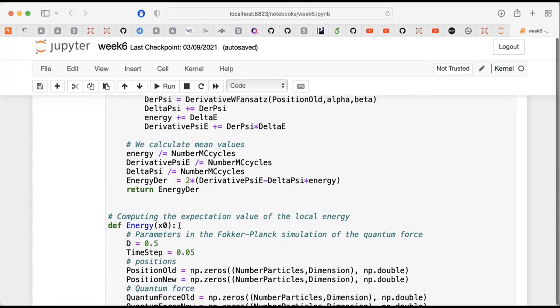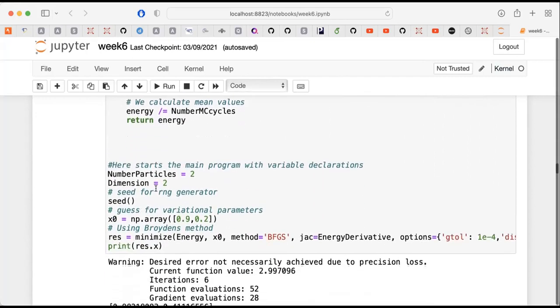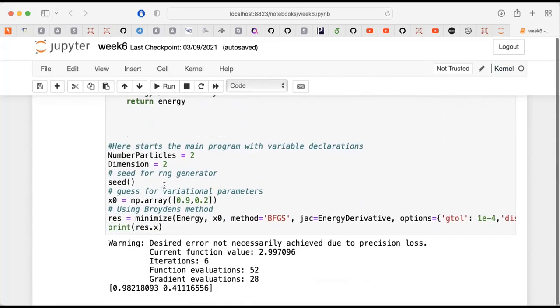It also needs a function which returns the derivatives of the energy. So if you want to use this specific function, either in a C++ variant, Fortran variant, or scientific Python, it needs a function which sets up the energy, and a function which sets up the energy derivative.